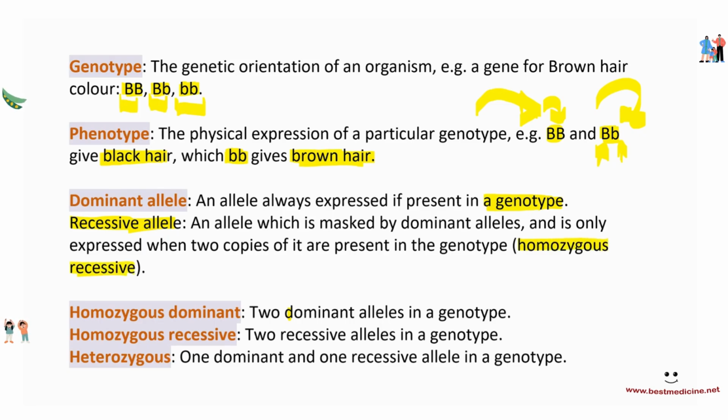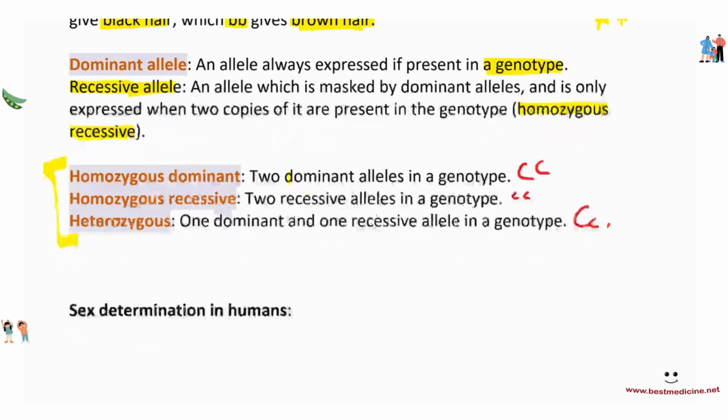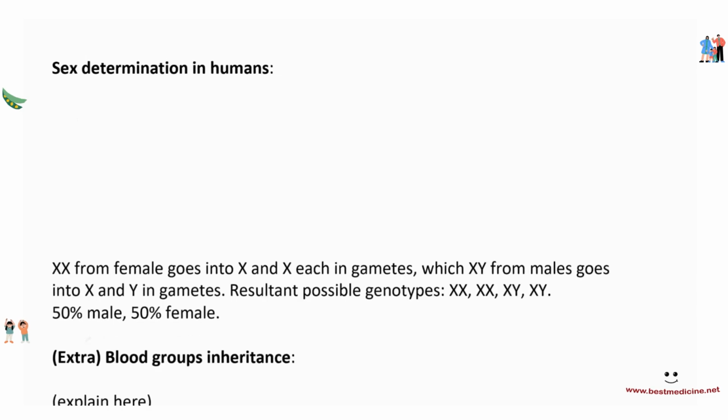In our example, we had the yellow peas, which were homozygous recessive. So we have these 3 different genotypes: homozygous dominant, homozygous recessive, and heterozygous. Big C, small c, big C, small c here. Okay? And the next topic is going to be sex determination in humans.